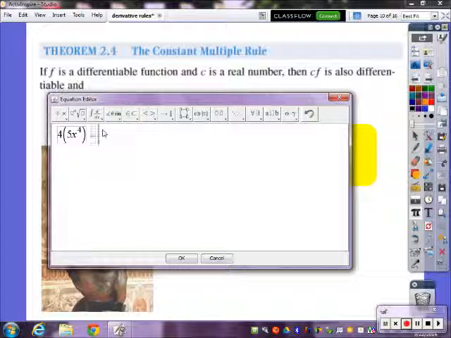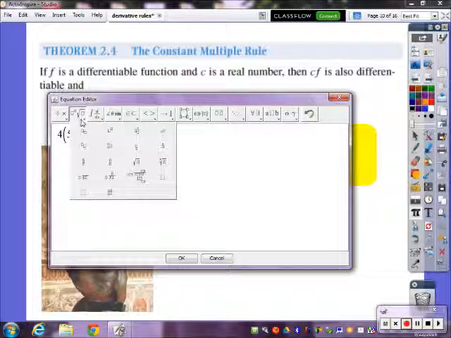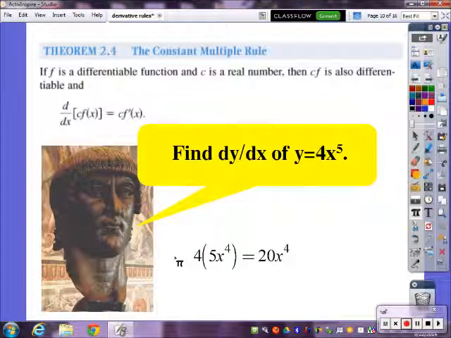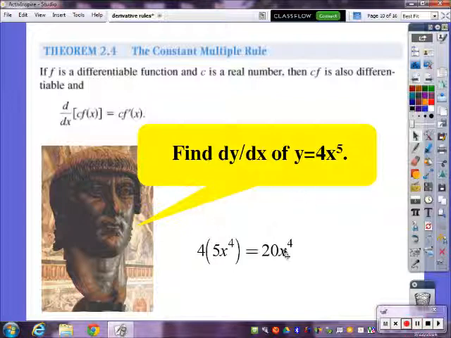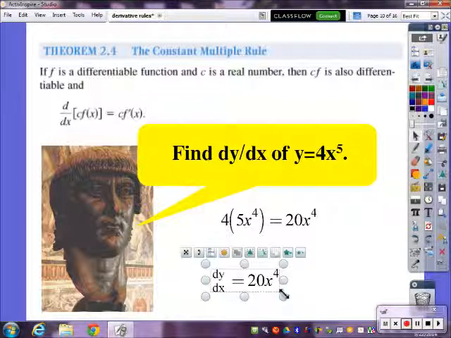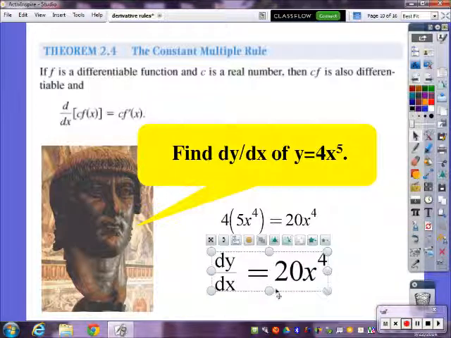And of course, when I multiply that out, 4 times 5 is 20. So 20x to the fourth would be my derivative here. So dy over dx equals 20x to the fourth.